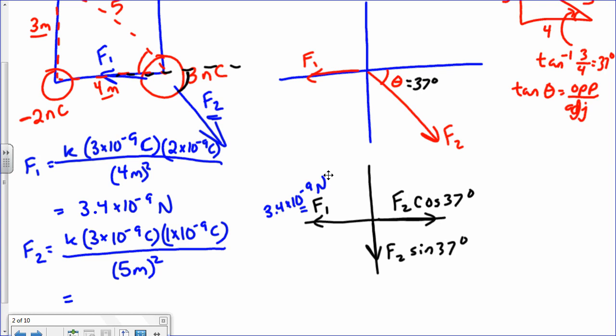You guys follow me on this? How this is tracking along? Now on the test there will be slightly fewer steps, but it's good to go through these steps now, and you'll also find there's a homework question that's very similar to this, but you will certainly have a question dealing with 2D forces on the test. Alright, so if I just plug this in, I get 9 times 10 to the 9th, that's K.